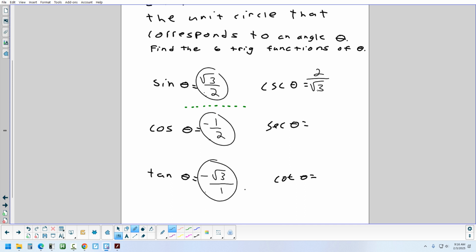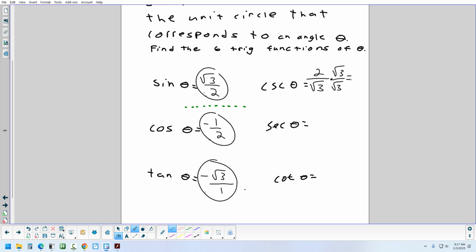Why can't I leave that? Denominator is a square root. Right, we don't leave irrational numbers in the denominator. So to fix that, we can multiply the top and the bottom by the same thing, because as long as you multiply the top and the bottom of a fraction by the same thing, it doesn't mess up the fraction. And now multiply straight across.